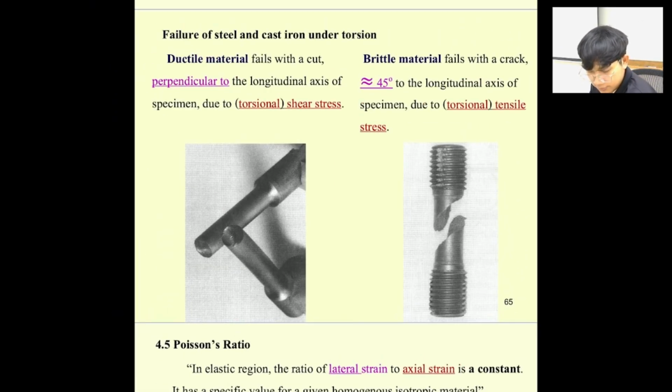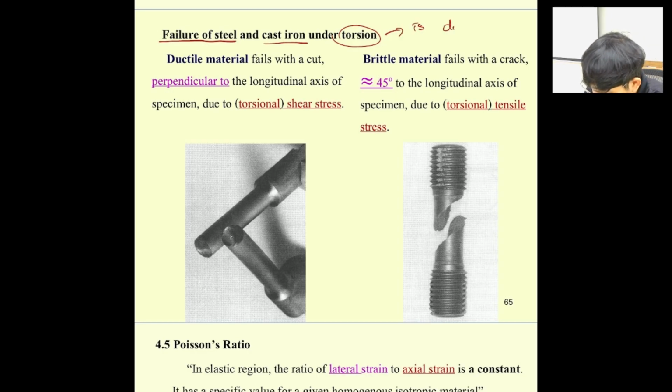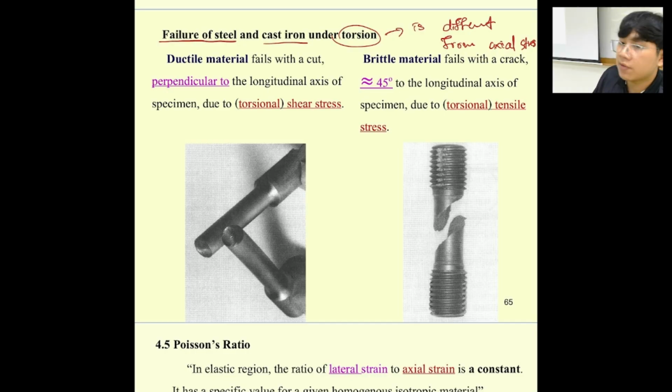All right, next one is going to be the behavior. So you can see the failure of the steel and cast iron under torsion. So it is different from the actual stress. Okay, the actual stress is the one that we talked about last week.